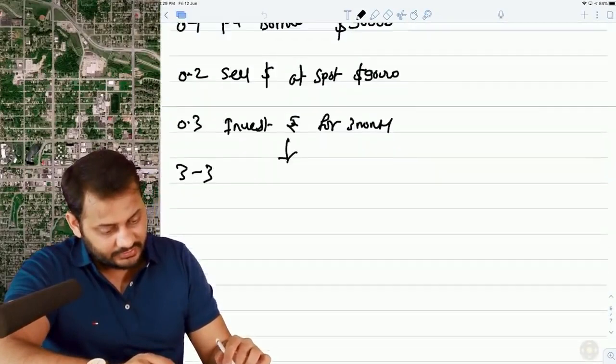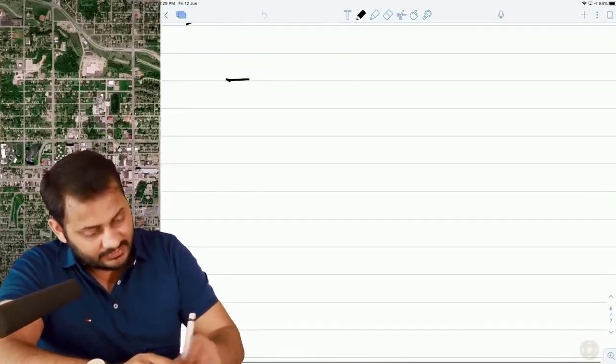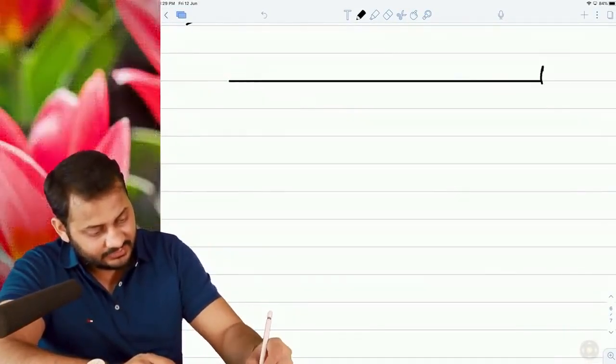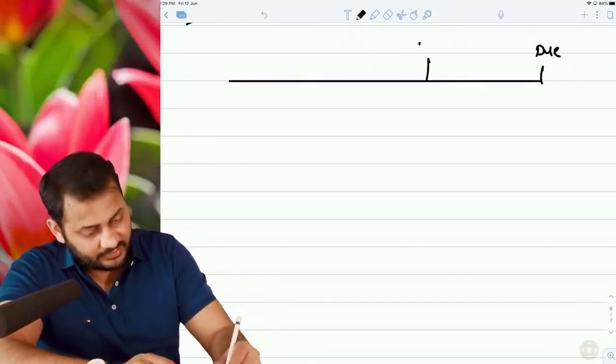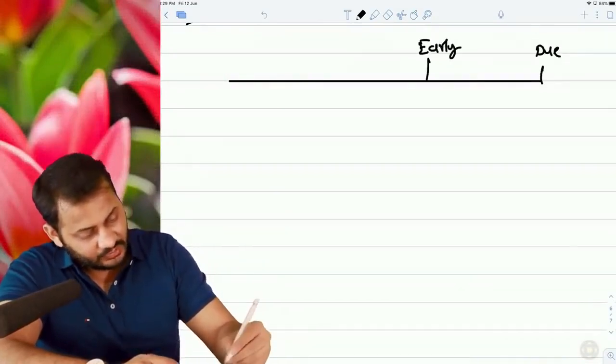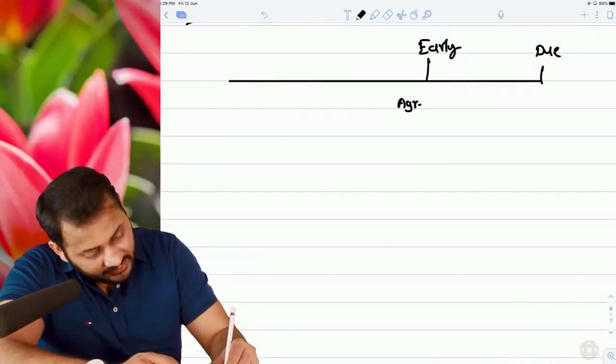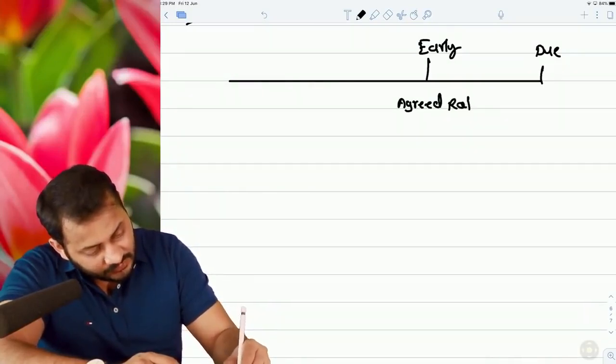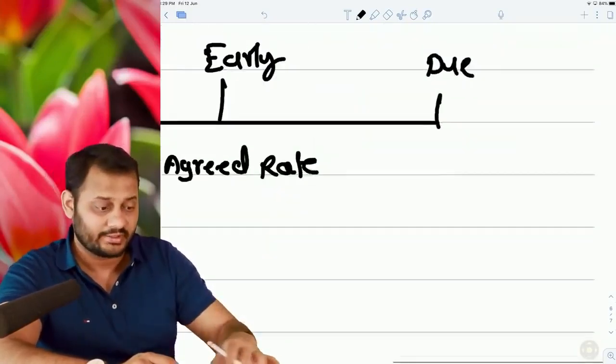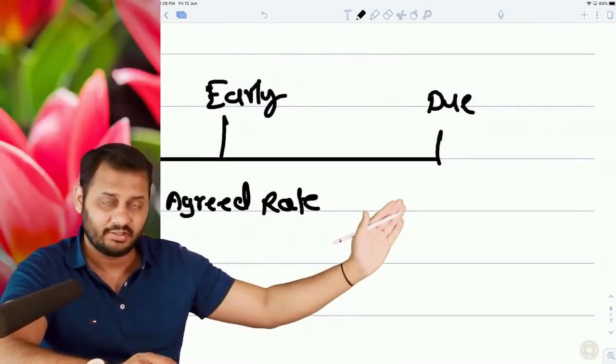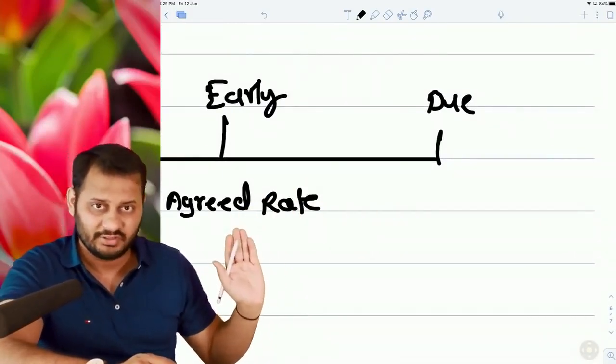Even if you don't, let's focus: this is an example of an early date and this is a due date. Early date means this is an early date. Now this is going to be the agreed rate with the customer. This was supposed to happen on that date, but now the cash flow is happening on this date.